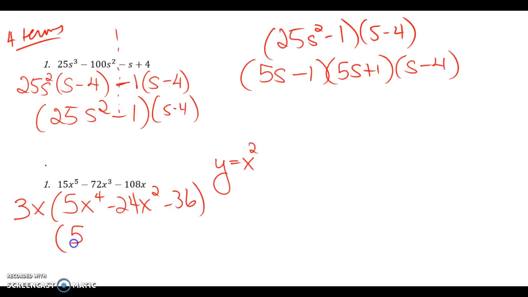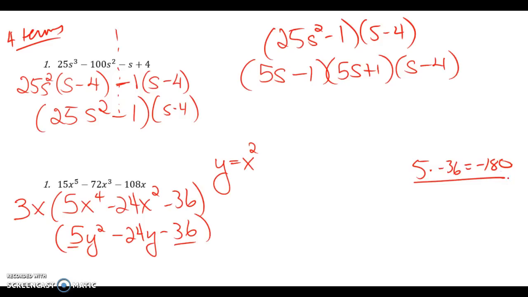So this becomes 5y squared minus 24y minus 36. Now, let's go back to the tools we had in chapter 4. We multiply a times c, so 5 times negative 36 equals negative 180. And what factors of negative 180 add up to negative 24? Happens to be negative 30 and 6. So I'm going to expand that middle term: 5y squared minus 30y plus 6y minus 36, and factor by grouping.